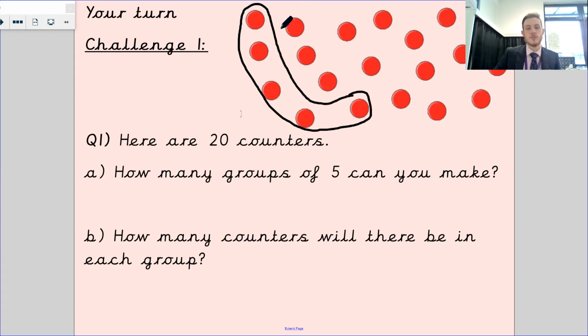You then need to group the next 5. And how many counters will there be in each group? So it says how many groups of 5 can you make? So there's 1, 2, 3, 4, 5. 5 in each group, but how many groups are there? And then how many counters will there be in each group?